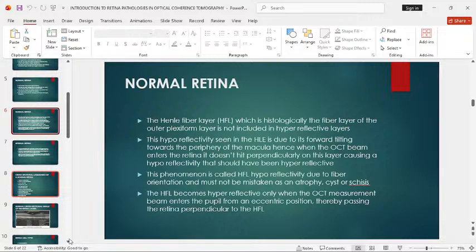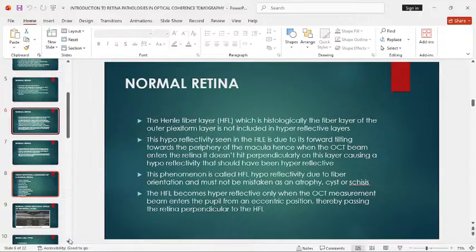So when the beam of light enters the retina, it doesn't hit it perpendicularly. Because the light is not hitting it perpendicularly, it causes a hyporeflectivity that should have been hyperreflective. We call this phenomenon Henle fiber layer hyporeflectivity due to fiber orientation. And we must be careful not to mistake this as an atrophy, a cyst, or a schisis.